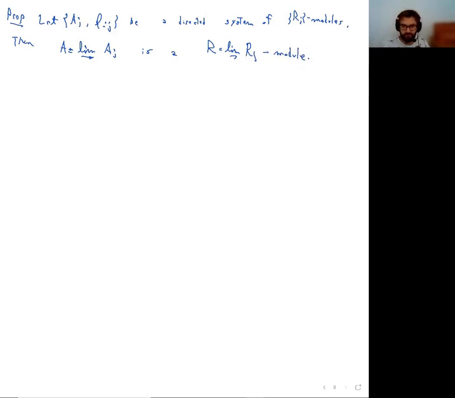Okay. So now we have these new objects, which are these directed systems of Ri modules. And usually when we have objects, we always like to have morphisms between them. So let's define those.